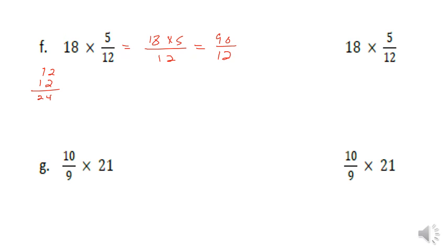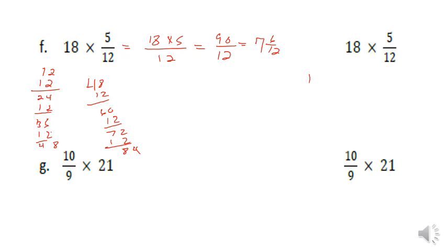That'd be 24, 36, 48, 60, 72, 84. So it went into it 1, 2, 3, 4, 5, 6, 7, which equals 7, and there would have been 6 twelfths left.